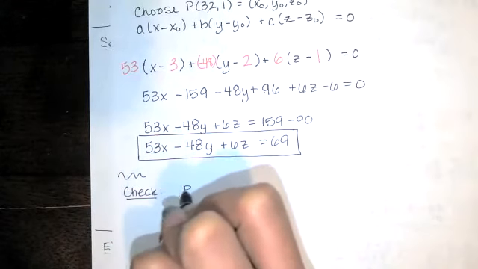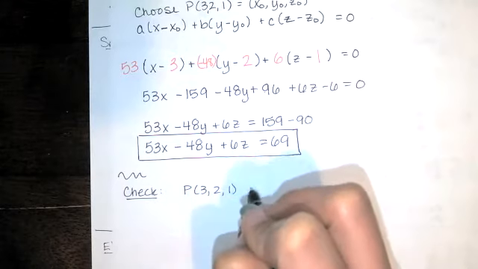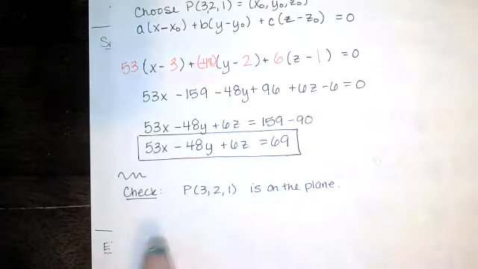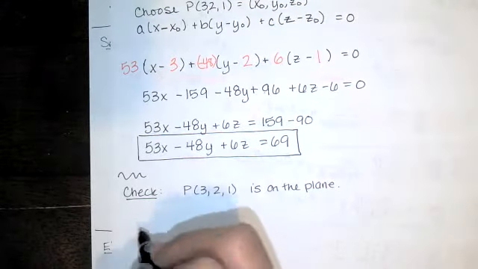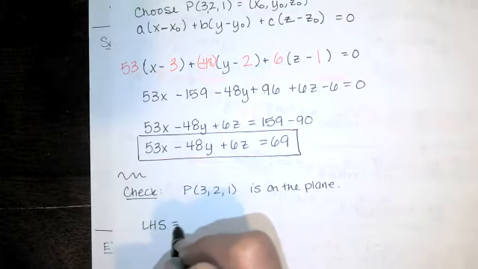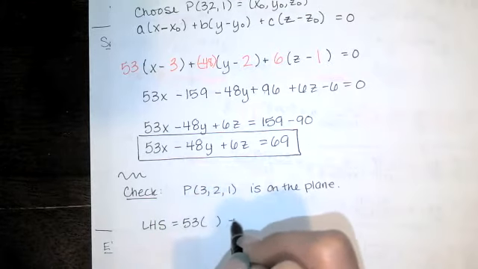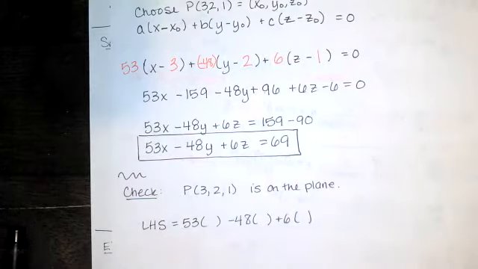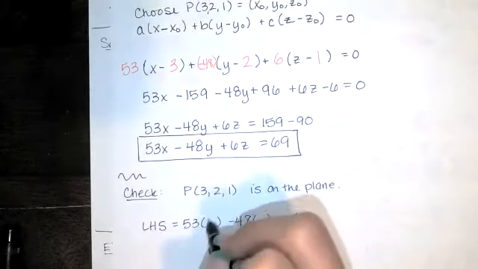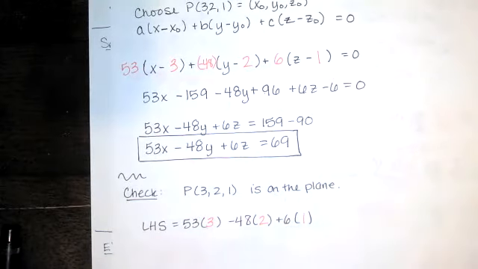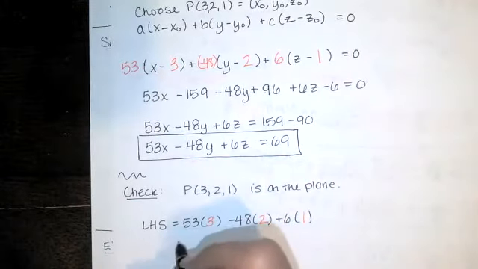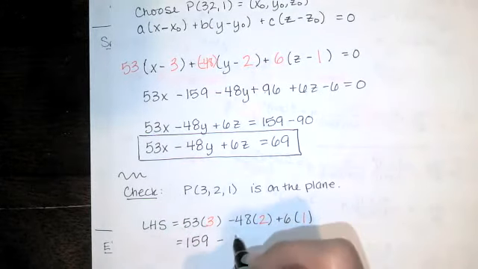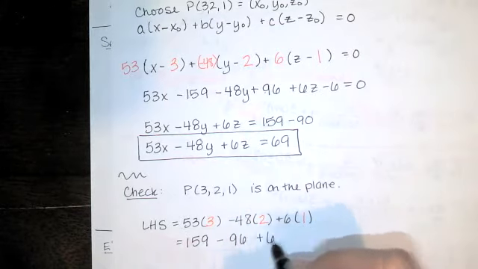We know that the point P equals 3, 2, 1 is on the plane. To be certain that 3, 2, 1 is on this plane, I will substitute x equals 3 and y equals 2 and z equals 1 into the equation of the plane. Put a 3 here and a 2 here and a 1 there. And then we get 159 minus 96 plus 6.